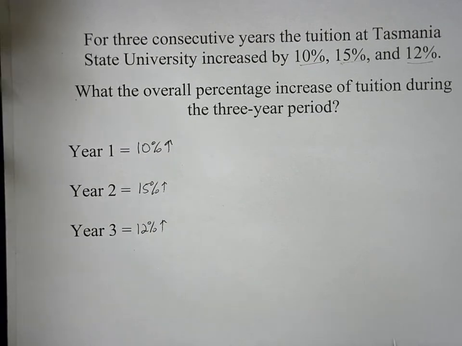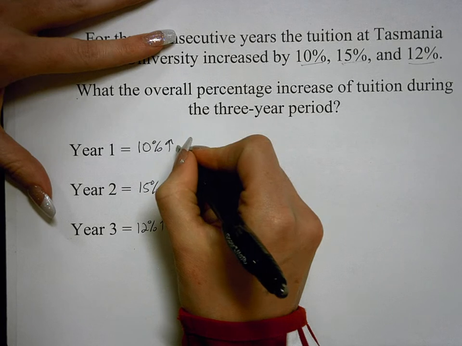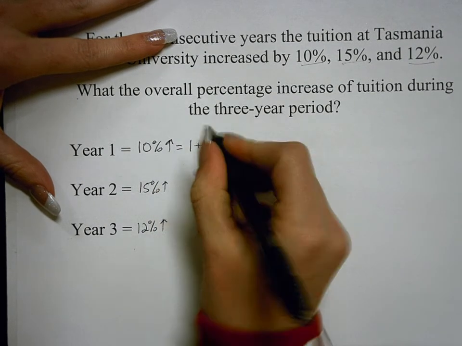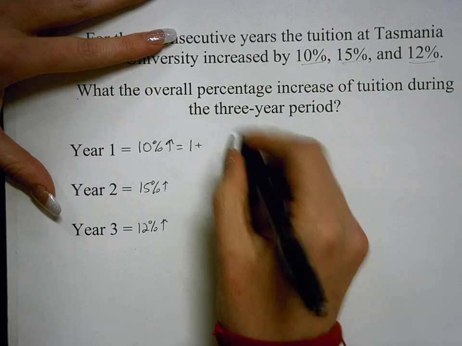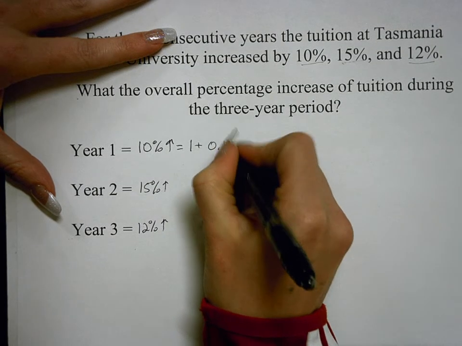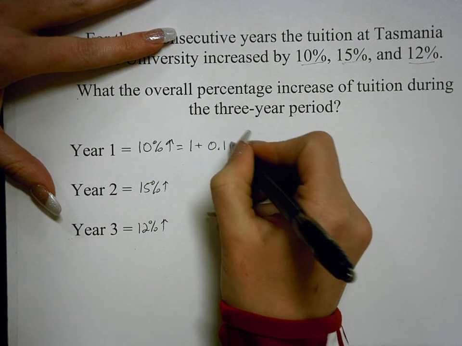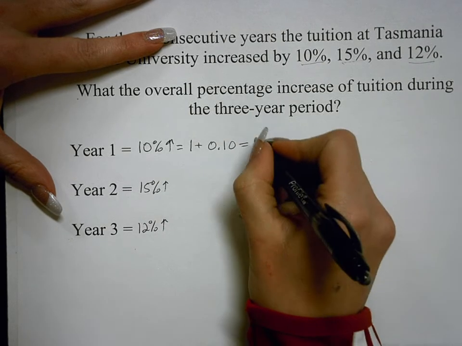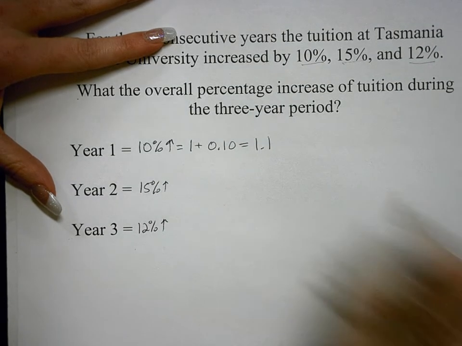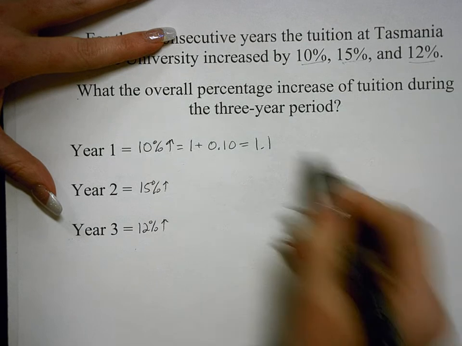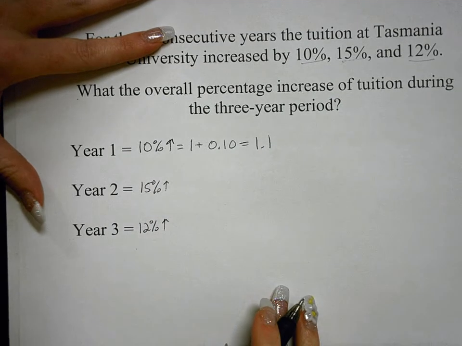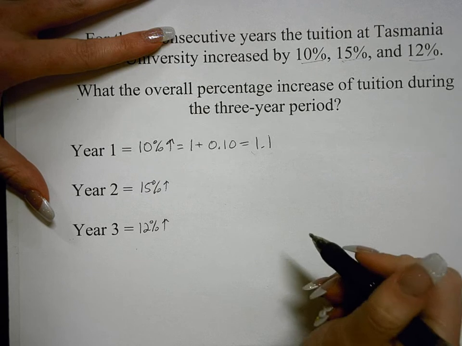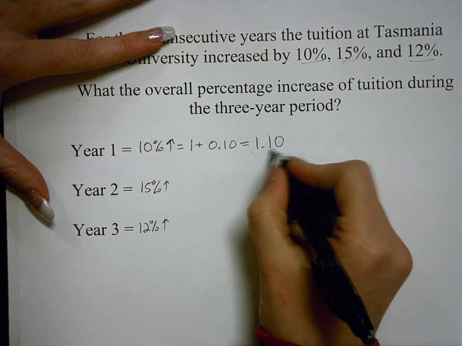So what we need to do is convert these to the percentage increase decimals. So we're going to start with the whole. We're going to convert this to a decimal, which would be 0.1 or 0.10, whatever you feel more comfortable with. Now when we add those together, this is going to give us 1.1 or 1.10, but we don't need the 0, so 1.1 is sufficient. This represents a 10% increase. If I put the 0 there, it's easier to see that's a 10% increase.